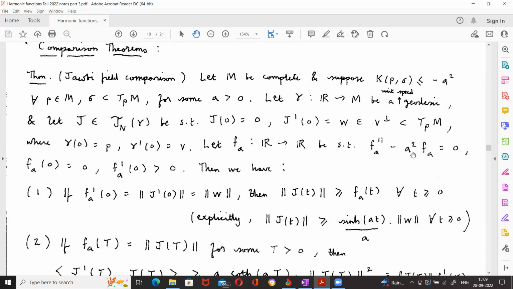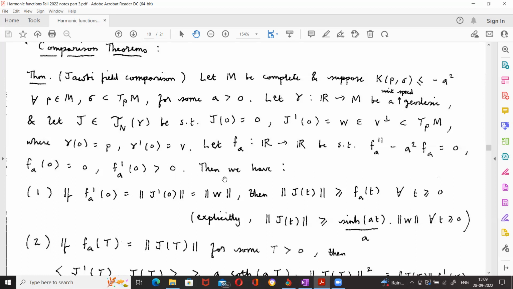This f_a would be the norm of a Jacobi field in a space of constant curvature minus a squared, where f_a satisfies the initial conditions f_a(0) is 0 and f_a'(0) is positive.